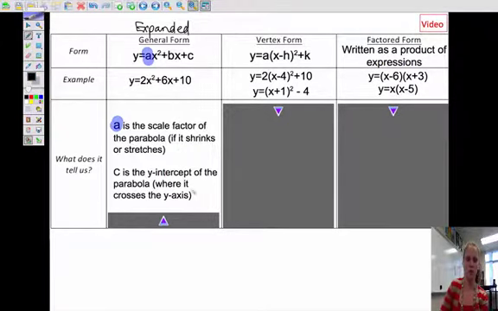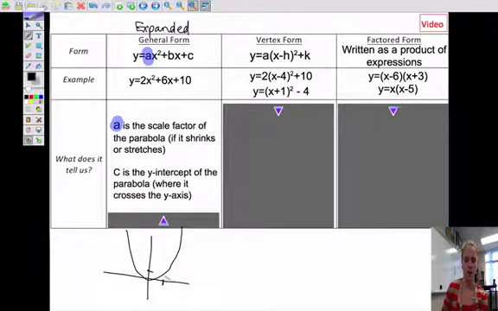So if you look at this example here, if we think about our parent function, y equals x squared, and we say this is 1, then this should also be 1, because 1 squared is 1, okay? And then 2 squared would be 4.